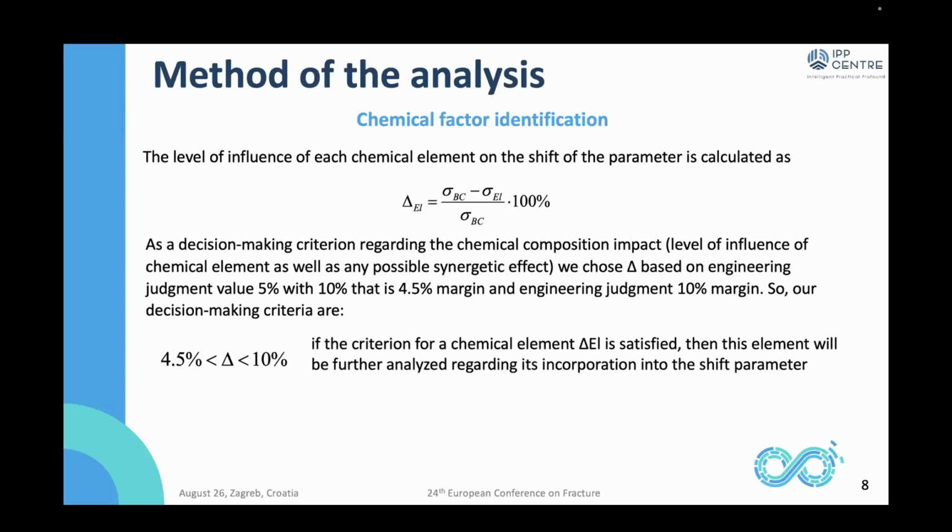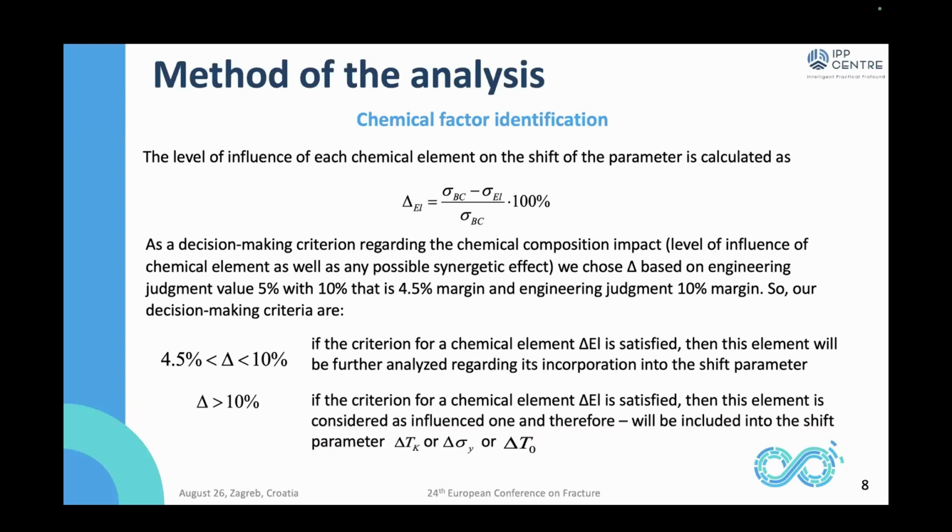Here we apply two criteria in order to make the decision. The first one is from 5 to 10% impact: if the chemical element or synergetic effect lies in this region, this element should be considered further, and if this element affects more than 10%, then this element should be included in the formula of hardening or embrittlement.